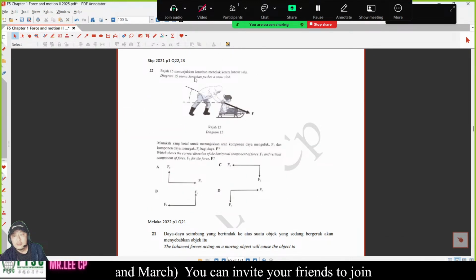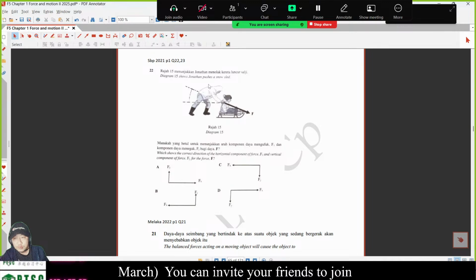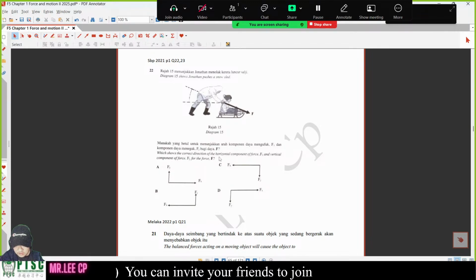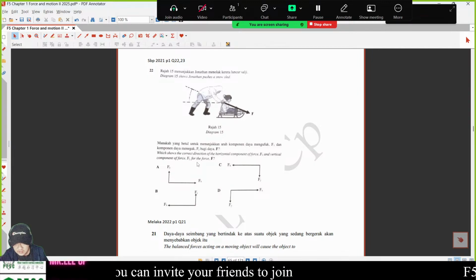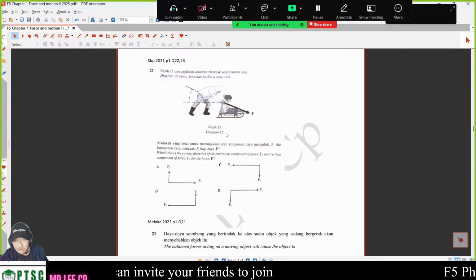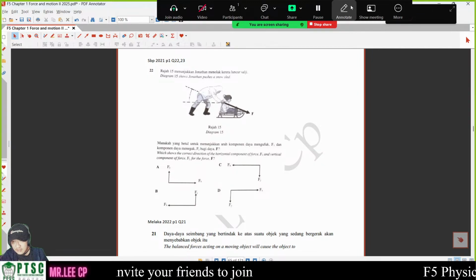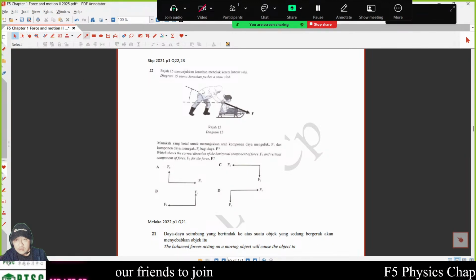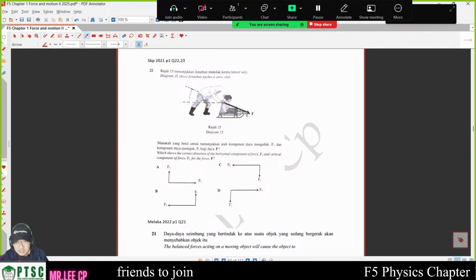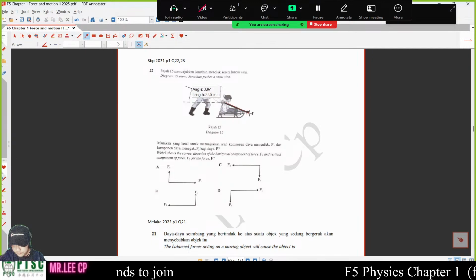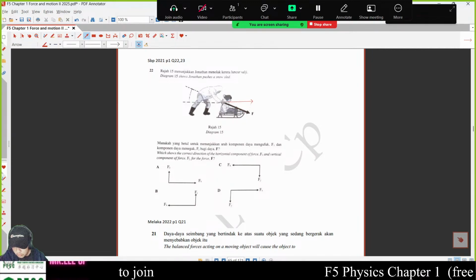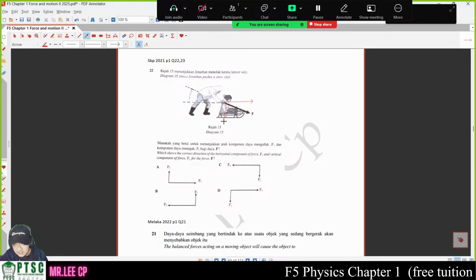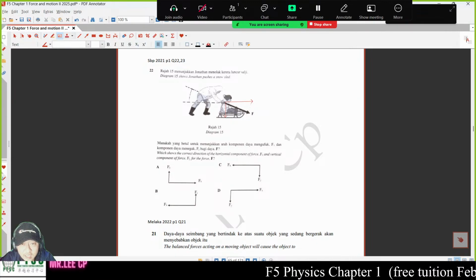So the diagram shows Jonathan pushes a snow sled. Which is the direction of Fx and Fy for F? So F is like that. You can resolve it into two directions. One goes to horizontal, one to vertical, right? So this is Fx, this is Fy.